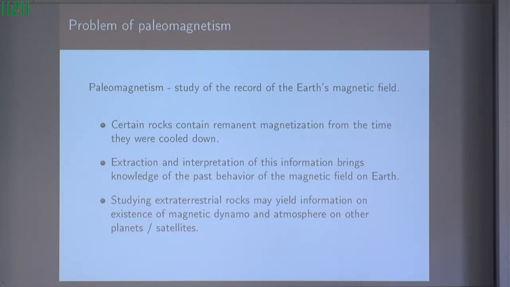Roughly speaking, they dig out the rocks in some craters, and they look for those rocks that contain some remanent magnetization. Those rocks are very rare to find, and they contain information about the ambient magnetic field in which they were magnetized.